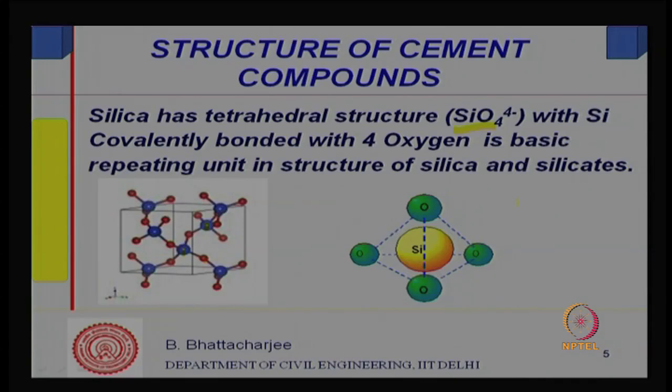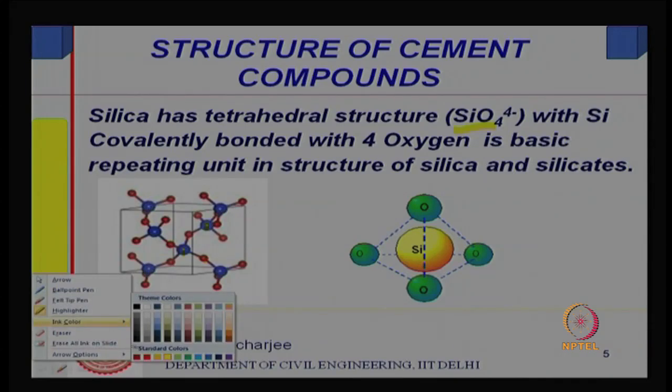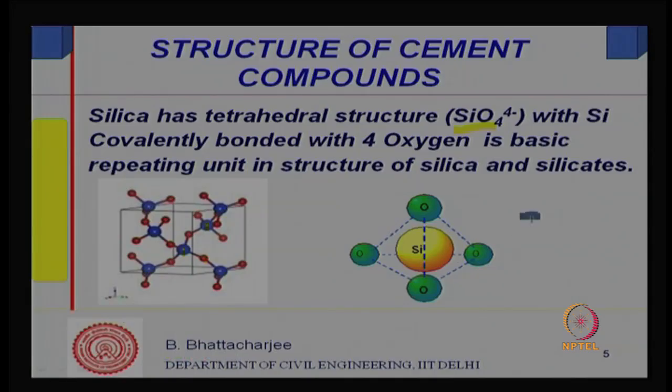Therefore, each oxygen is connected to 2 silicon. So, the structure of SiO2 would be a repetition of this tetrahedra.